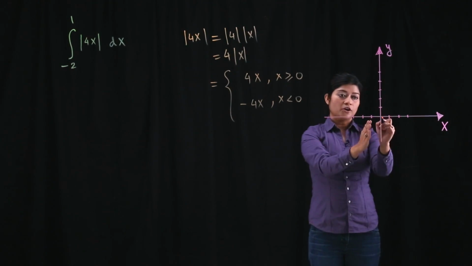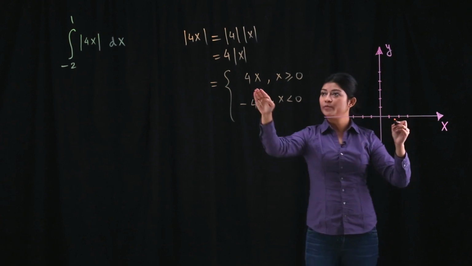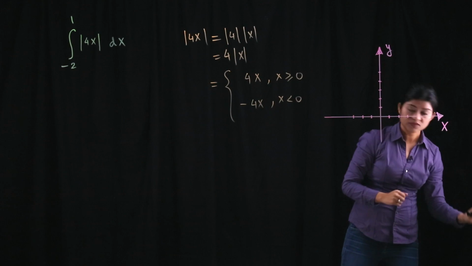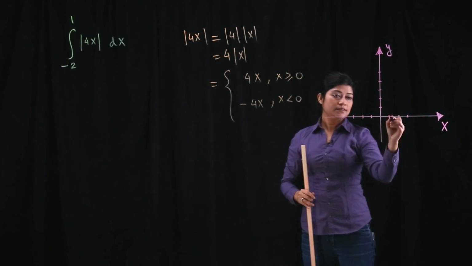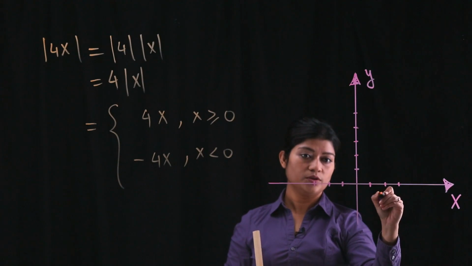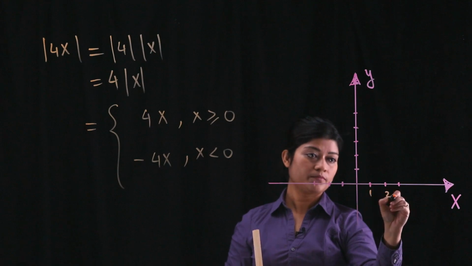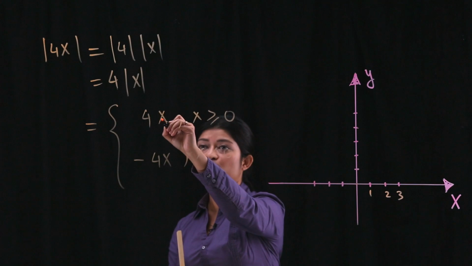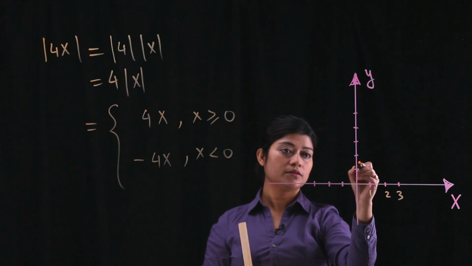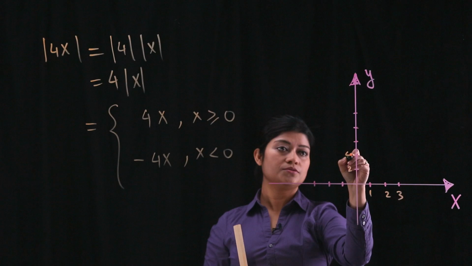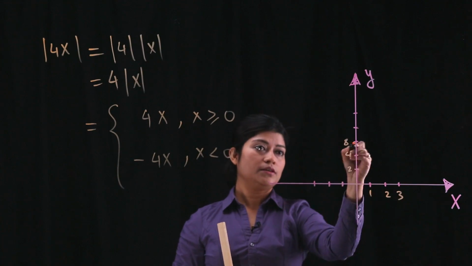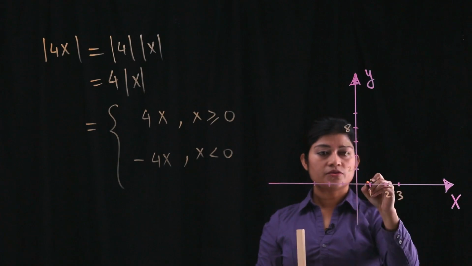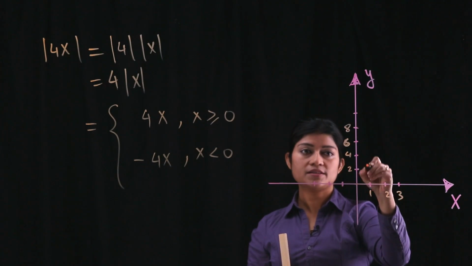Well, for positive x, it will be the line 4 times x. So at 0, it will be 0. And at x equals 1, the y value will be 4. So let's say this is 2, 4, 6, 8, and so on. So at 1, the value is 4.